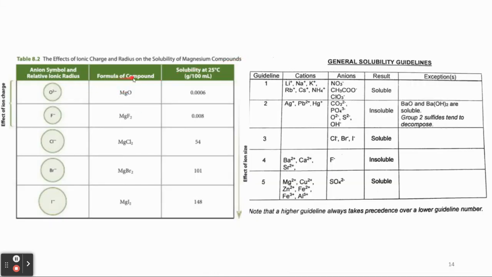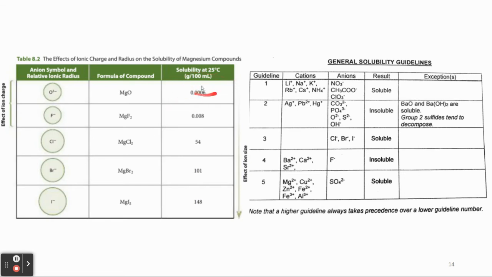For example, you can see over here this is our solubility table. This solubility table is kind of based off this idea here. Let's say we have different ionic compounds here. They all have magnesium, but they have different ions. And here their solubility is listed. You'll notice we have higher solubility here and lower solubility over here.